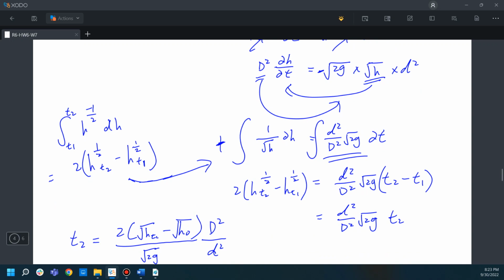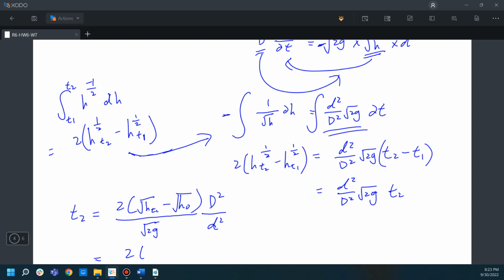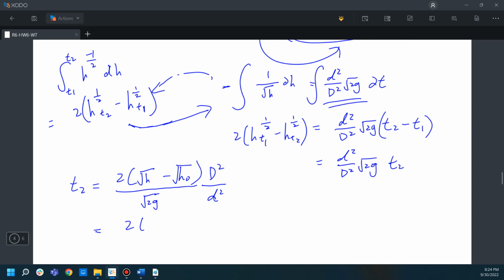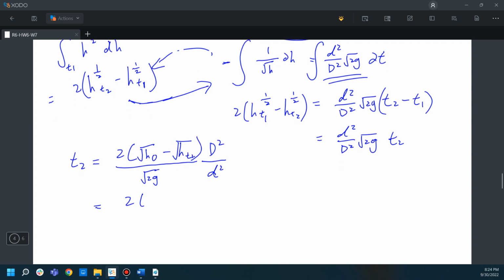And because originally our continuity equation has this minus sign, we have a minus sign here. So when we plug this integration back into this equation, we put this minus sign into this h, so these two parts actually switch. So this is 1 minus 2, okay? So this is 0 minus t2, okay?